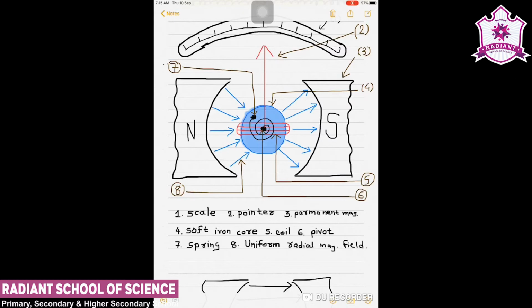So here we can say that this pointer, given by number 2, and the coil, given by number 5, are always perpendicular, and that is a pre-arranged mechanism, so that we always have sine theta equal to sine 90, which equals 1.